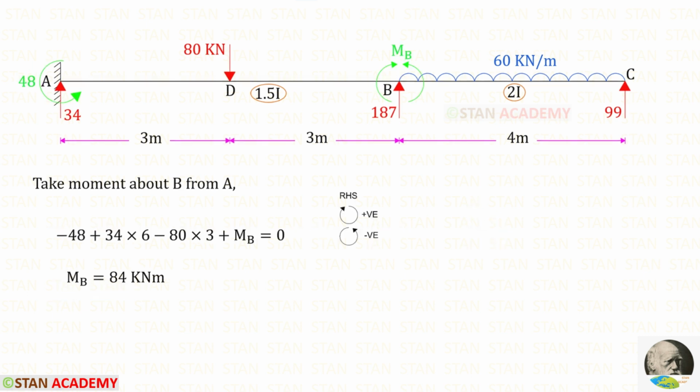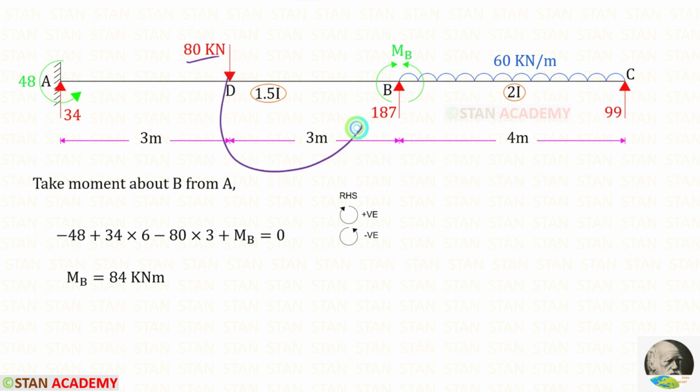Now let us take a moment about B from A and find the moment at B, MP. Let us assume that MP is a hogging moment. MA is acting in the anticlockwise direction so that it will be negative. RA is acting in the clockwise direction so that it will be positive and the distance is 6.